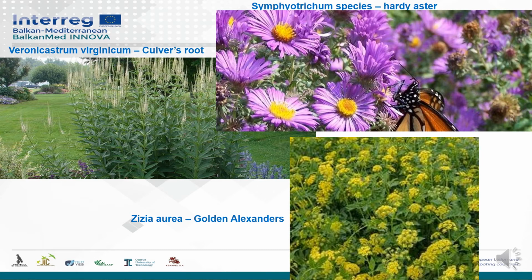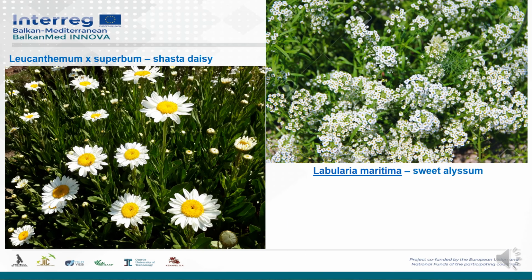Three other species here, very beautiful and very nice. Not all of them smell good, but for special insects, they are a very preferred shelter. Other species, two other species here.